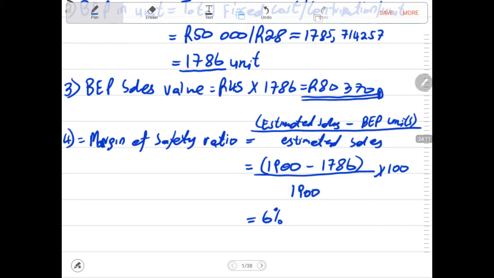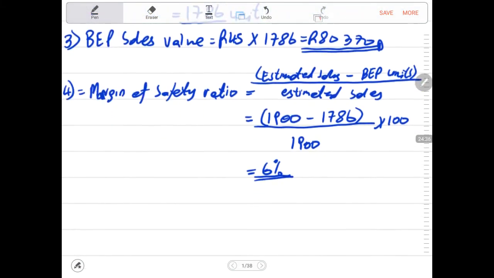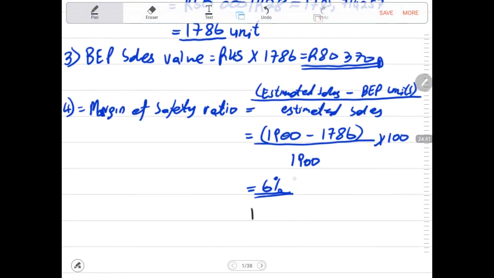It's not 6% per annum or per anything, it's just 6%. It does not go further than that. Now, what does this mean? That is very important. In simple terms, it means if our sales decrease by, let us say, 1%, the company will still be making a profit.